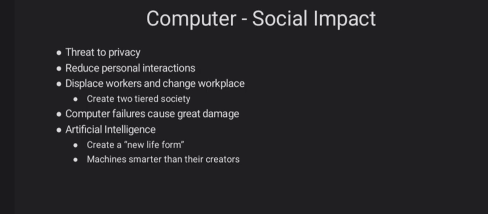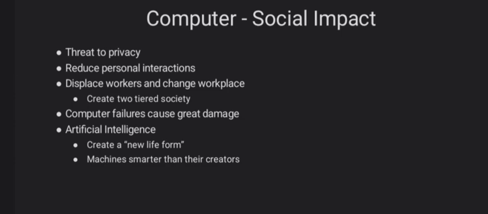And then what are the social impacts of computer? It can be a threat to privacy. That is, if you click any unwanted links or anything happens, your system can get hacked easily.